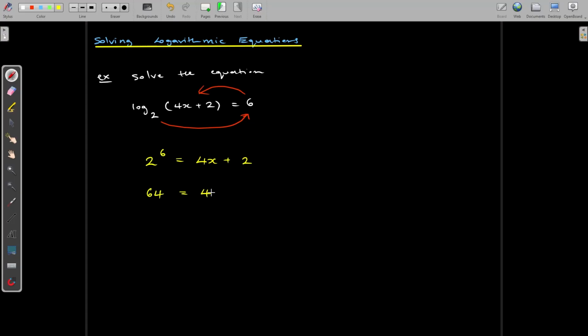That's equal to 4x plus 2. 64 minus 2 equals 4x. So 4x is equal to 62. And x is equal to 15 and a half.